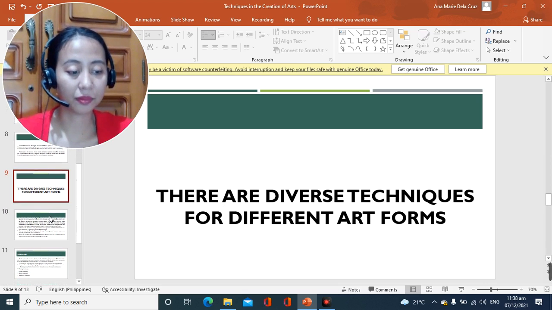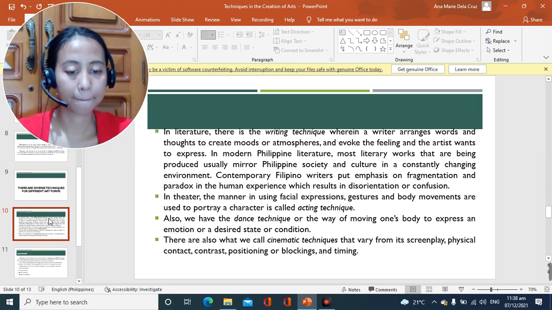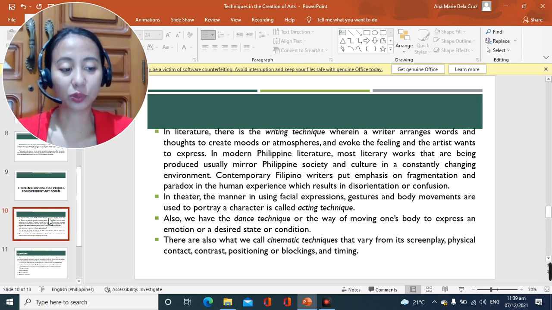Here are some examples. Here, in literature, there is the writing technique wherein the writer arranges words and thoughts to create moods or atmosphere para din ma-convey din nila yung message na ginawa nilang poem.